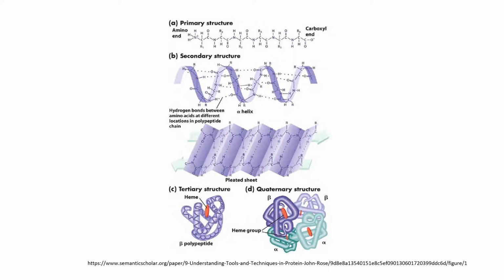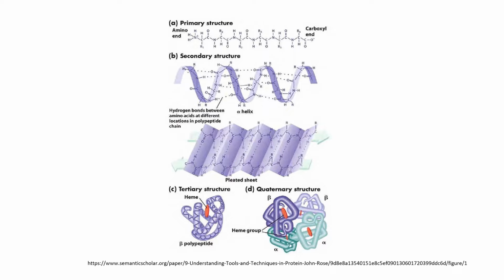Once I have sections that are alpha helix and sections that are pleated sheets, then that chain would undergo yet another series of folds to twist up on itself, and that is what is known as tertiary structure. The alpha helix or pleated sheets are the secondary structure. Then imagine that a section of the chain is an alpha helix and a section is a pleated sheet. Then that folds further upon itself into a tertiary structure.